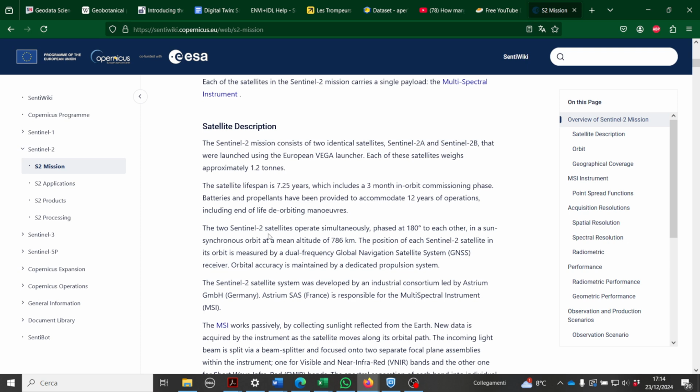So the two Sentinel-2 satellites operate simultaneously, phased at 180 degrees to each other in a sun-synchronous orbit with a mean altitude, that you see here, of around 786 kilometers. That means that they are working, doubling, as we will see, the temporal resolution, having two satellites that are acquiring the same kind of data because they have on board the same MSI instruments.